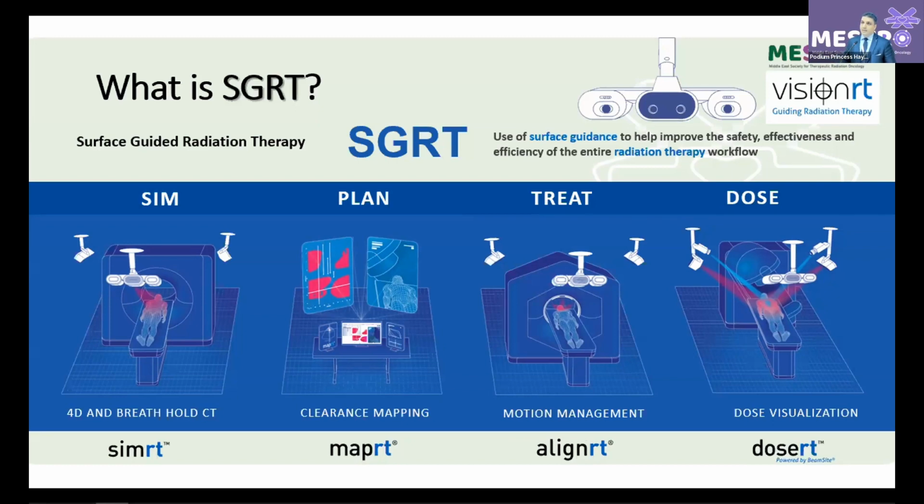We are utilizing this solution to increase the efficiency, effectiveness and accuracy of the whole radiotherapy workflow by giving the patient a better option for radiotherapy.